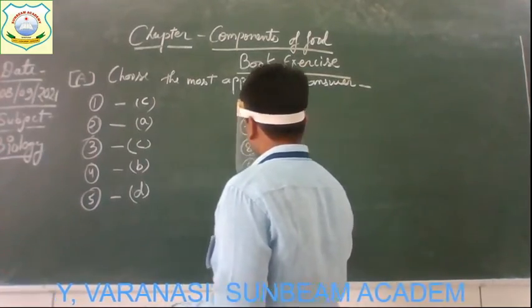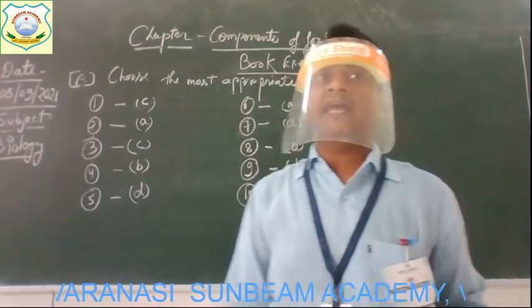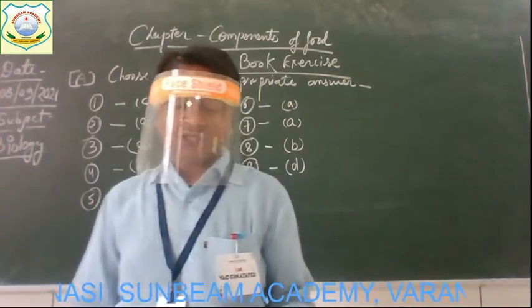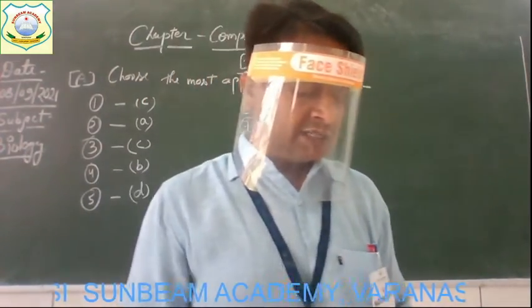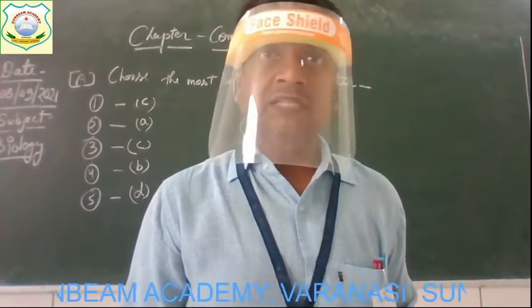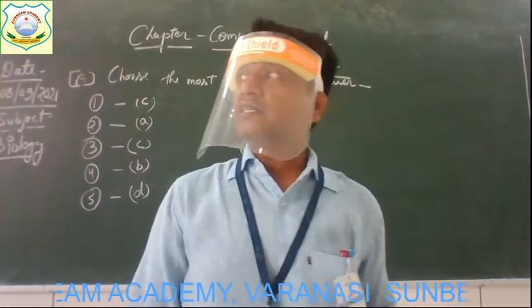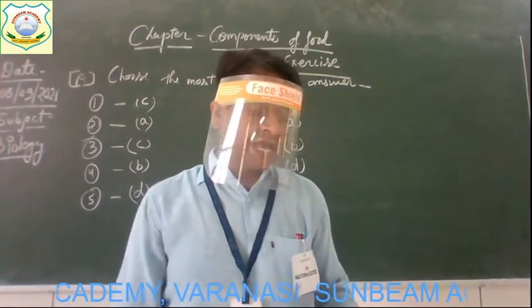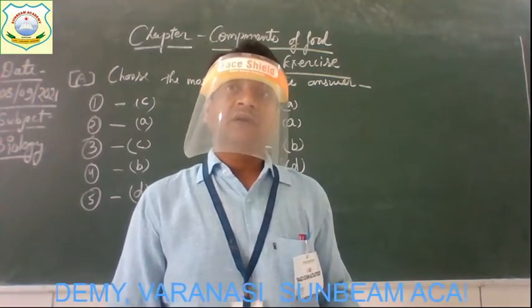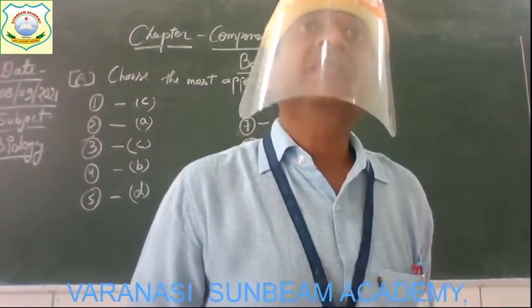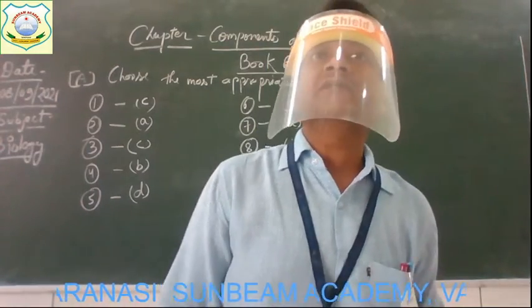Now come to the last question number 10. And the question is, marasmus is caused due to diet insufficient in. Marasmus is the name of a disease, and this disease occurs if our diet, our food, does not have proper what? First protein, second carbohydrate, third fats, and the fourth option is all of these.